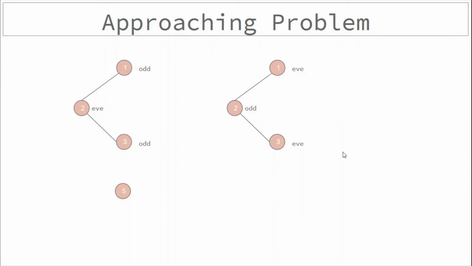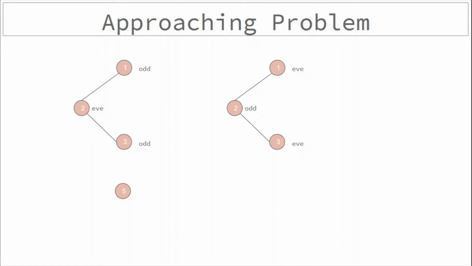So for each graph which is bipartite, there are 2 possible configurations. First, fill the 1 colored nodes with odd parity and the 0 colored nodes with even parity, and the other configuration is just the other way around.